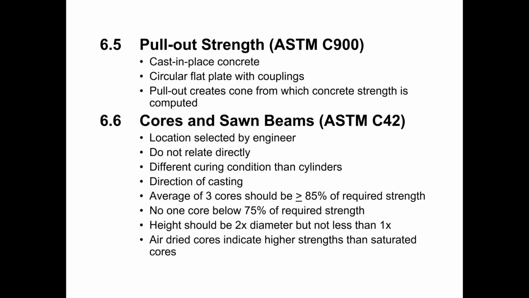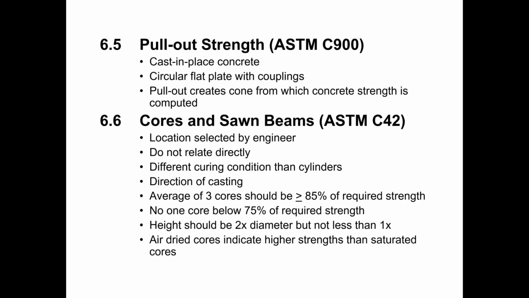If it's a commercial project, generally ASTM C42 is going to be referenced, and so the cores should achieve 85% of the required strength. Also, as it mentions there in the book, no one core should be below 75% of the required strength. Ideally, the length or the height of the core is going to be twice the diameter.